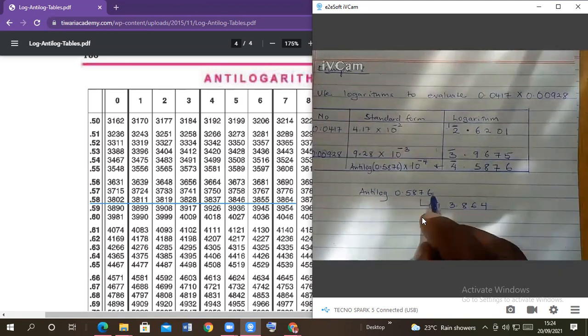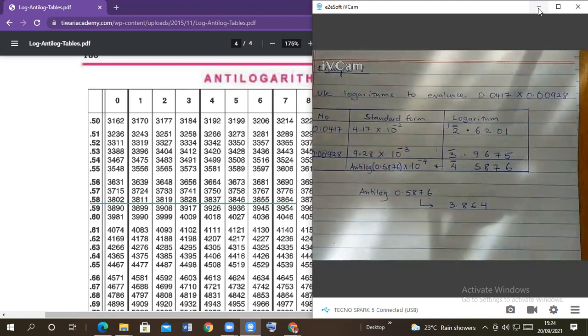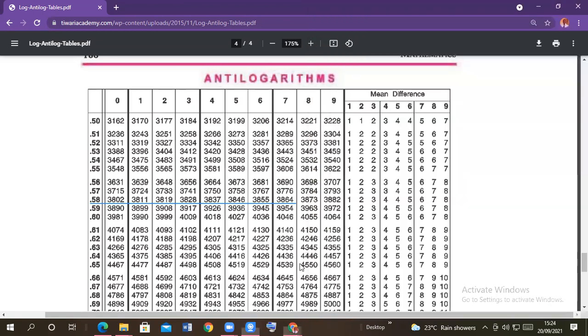Now, how about 6? So I continue to the other column where I have 6. Let me use green. So to the other column where I have 6, and which number is there? 5.